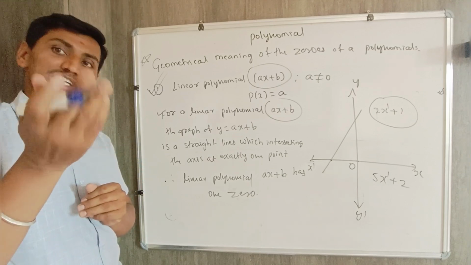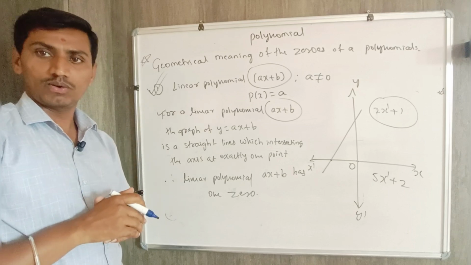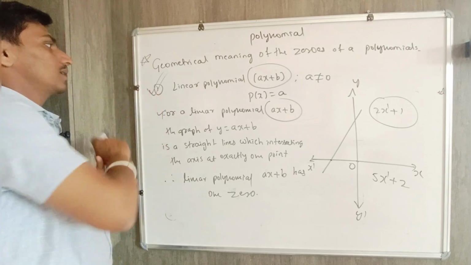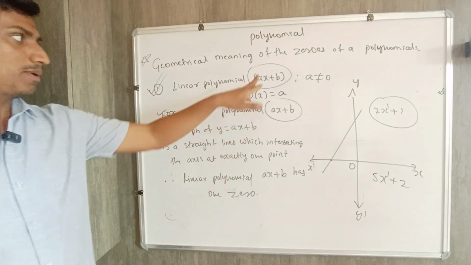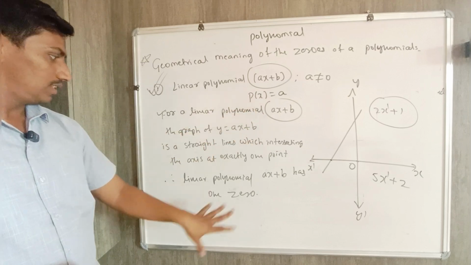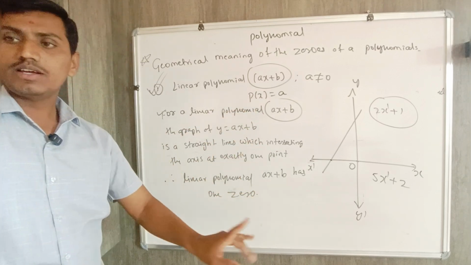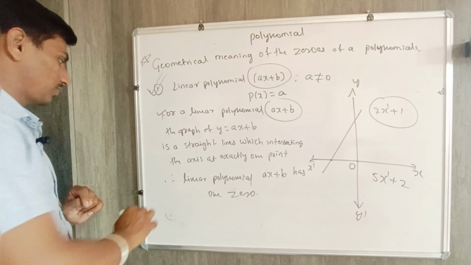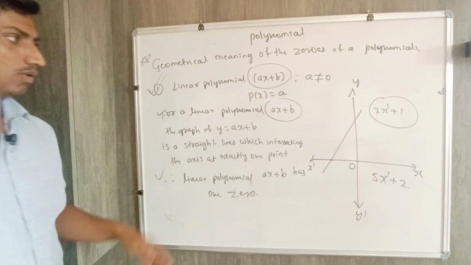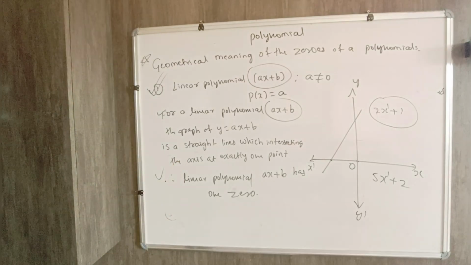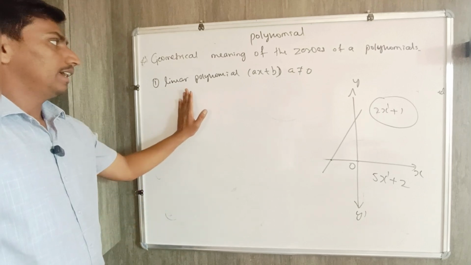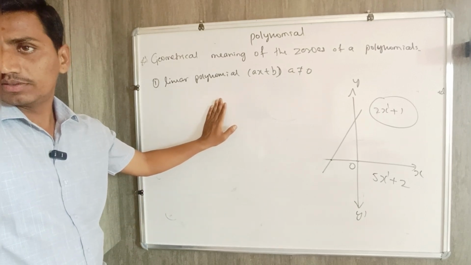The highest degree is the number of zeros. So this is a linear polynomial. The general form is ax plus b. So how many zeros? A linear polynomial has only 1 zero. This is 1 mark, very important. Note it down. In a linear polynomial, how many zeros?